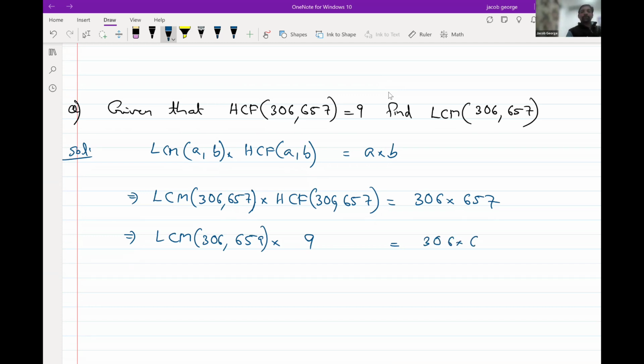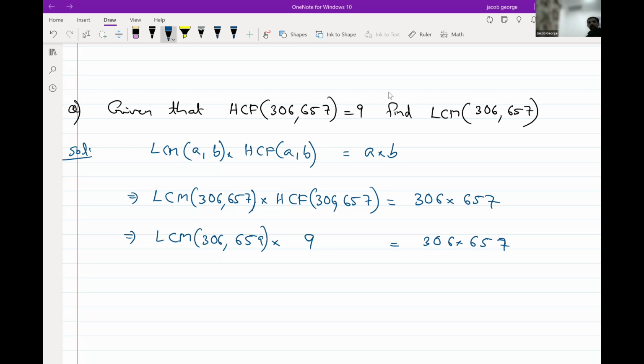All of you understood the step till here? Now, how do you find the LCM from here? We have to take this into 9 to the other side. When you take multiplication by 9 to the other side, what will happen? Division, its opposite operation, that is division by 9.